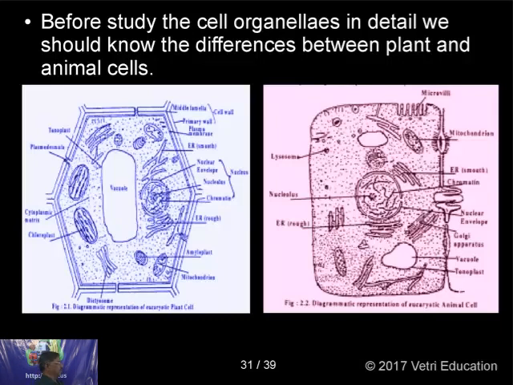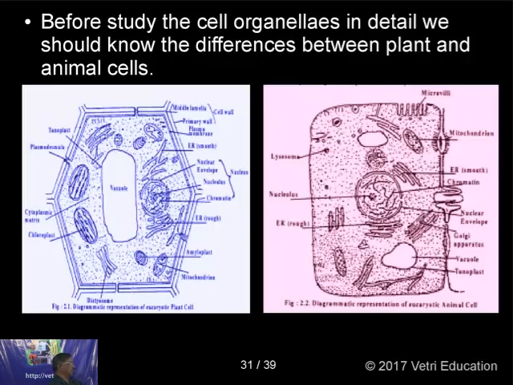The important feature you see in a primitive cell, what is called an immature cell or meristematic cell, is that the vacuoles are very small and sometimes absent. When the cell becomes older, there is a formation of a central large vacuole, leaving the nucleus aside. So the characteristic of a mature cell is having a large central vacuole.